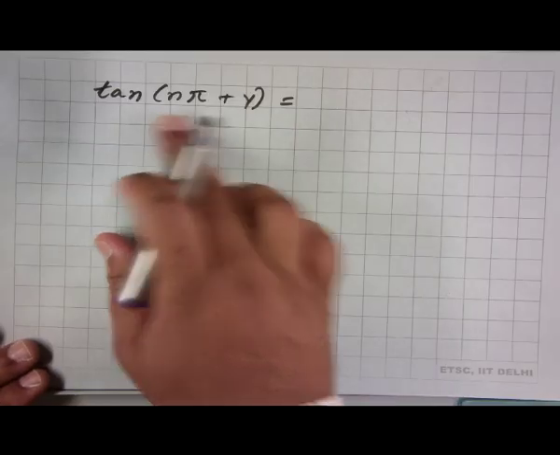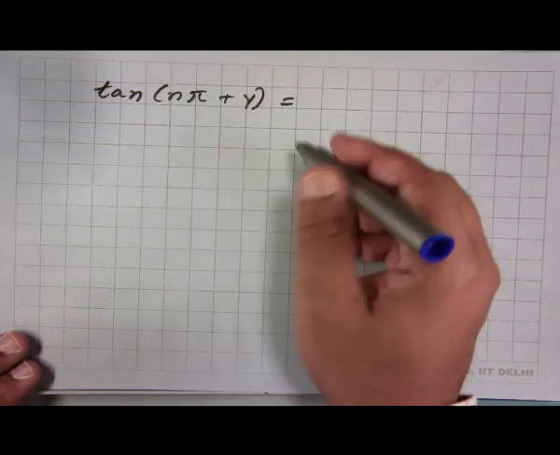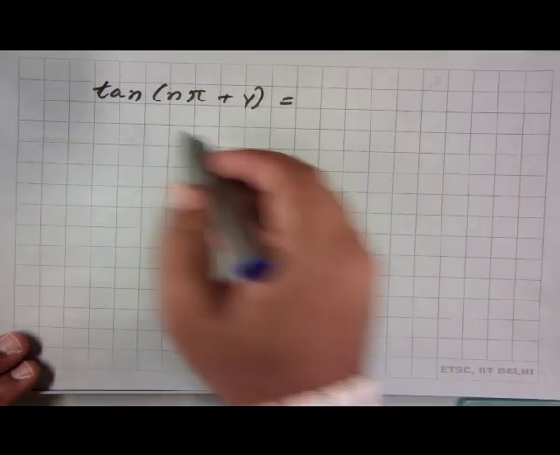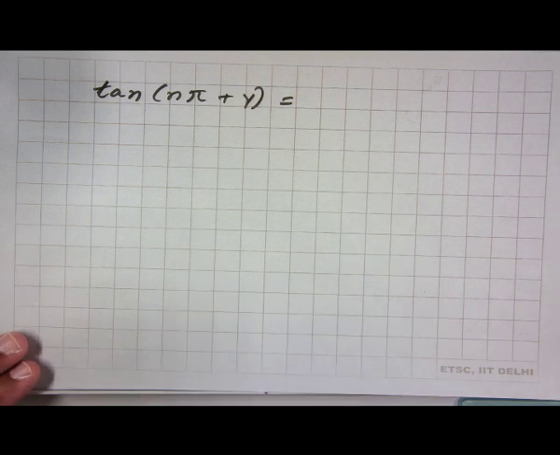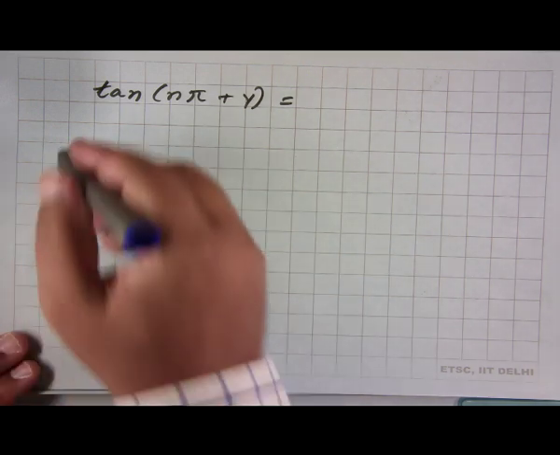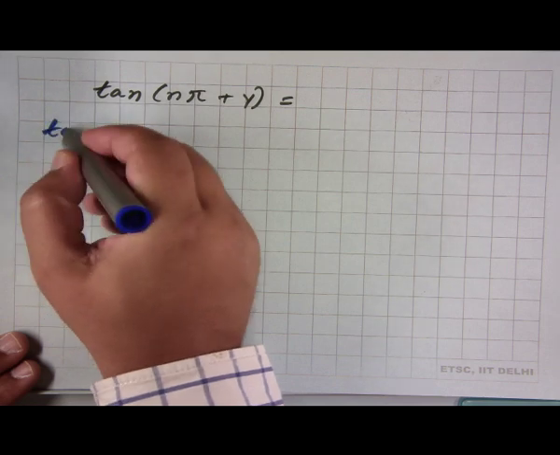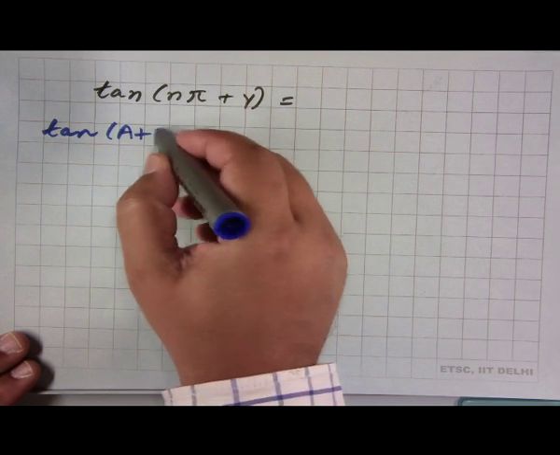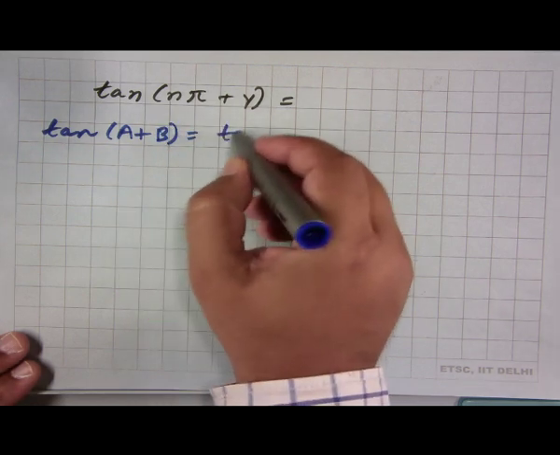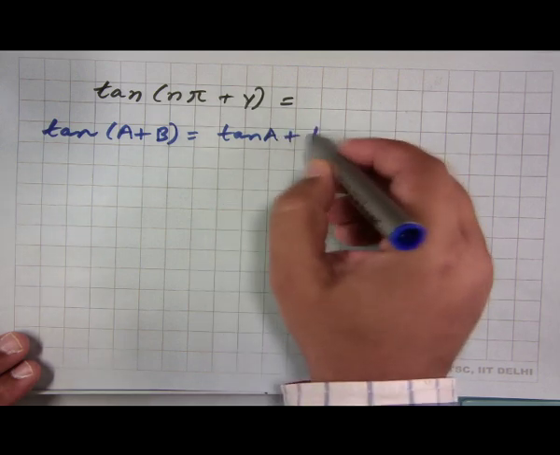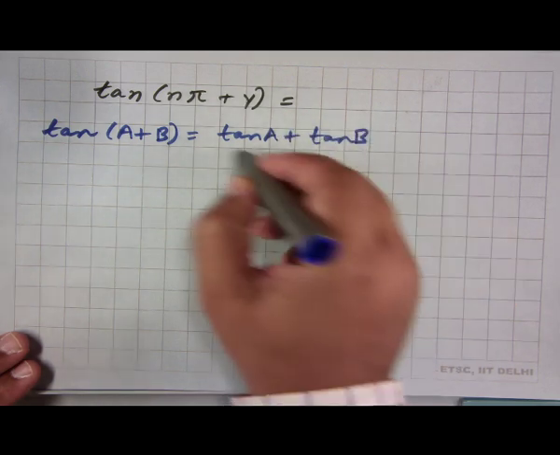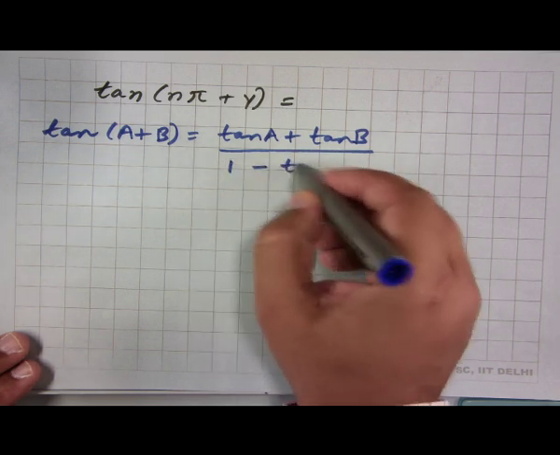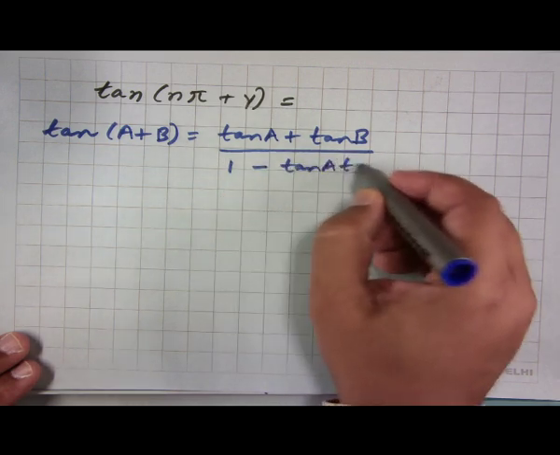So, tan of (n pi plus y) is equal to, so this is of the form tan of (a plus b), and we know the formula for tan (a plus b), it is (tan a plus tan b) by (1 minus tan a tan b).